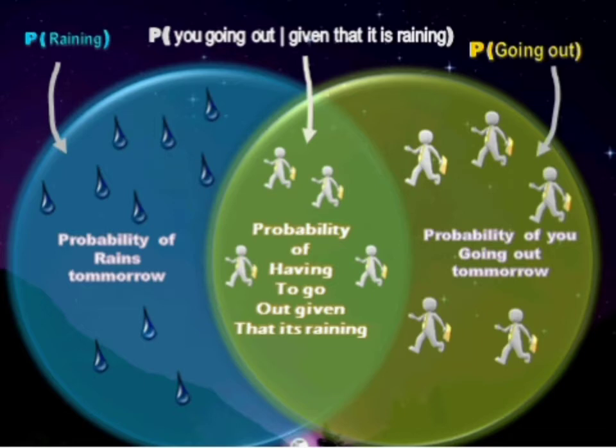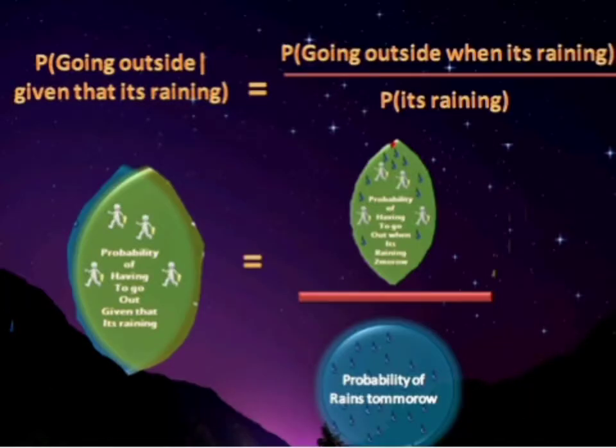And at the same time, you have to see to it that it is raining and you are going out. While you are going out, it is raining. So we are considering only and only the intersection zone, isn't it? Because we are asked that these two events should be happening simultaneously. Only it is that one of them is already given that it is happening. It is raining, so you don't have to find the probability of it.